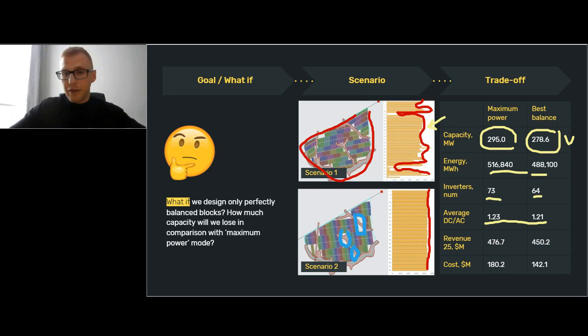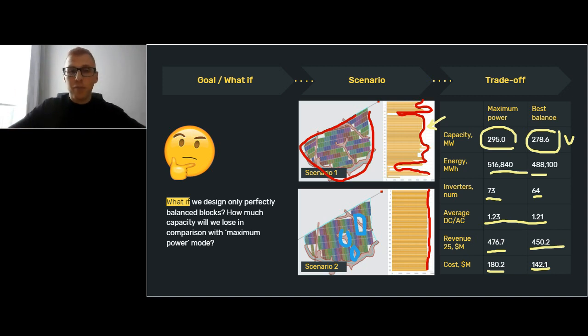And obviously you can see the revenue comparison and the cost comparison. The cost difference happens because you have pretty ideal blocks. When we do this kind of optimization with the best balance, we try to create very compact blocks and efficient combiner box circuits, which means you will spend less money on low voltage wiring, and so less money on building the project when you have accurate and nice blocks.